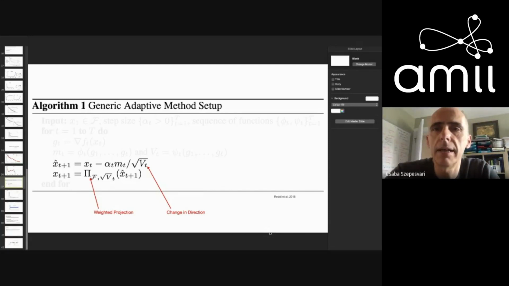By the way, maybe it's shameless self-promotion, but a while ago with a postdoc of mine here in Alberta, we worked on theoretical aspects of how to choose step sizes in TD methods. We wrote a paper about that. It appeared at AI Stats a couple of years ago. There are some interesting open theoretical questions.